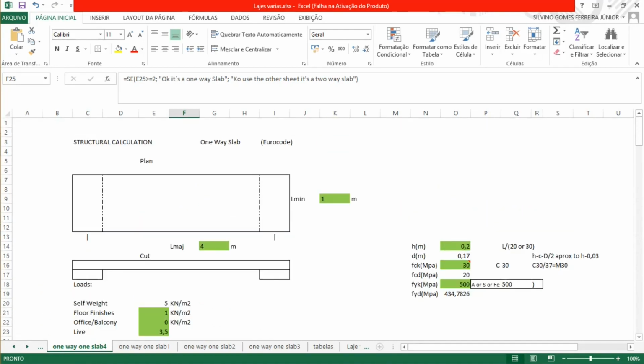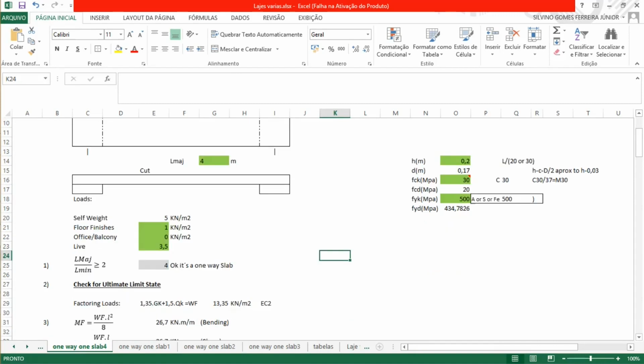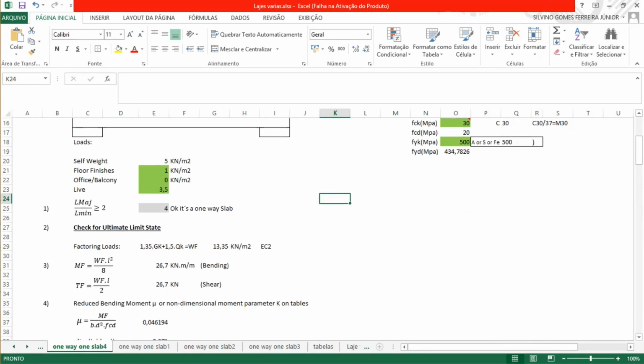So to start calculating the reinforcement for this slab, we're gonna have to check the ultimate limit state for flexure, bending moment, and for shear. So we start factoring the loads on the ultimate limit state.